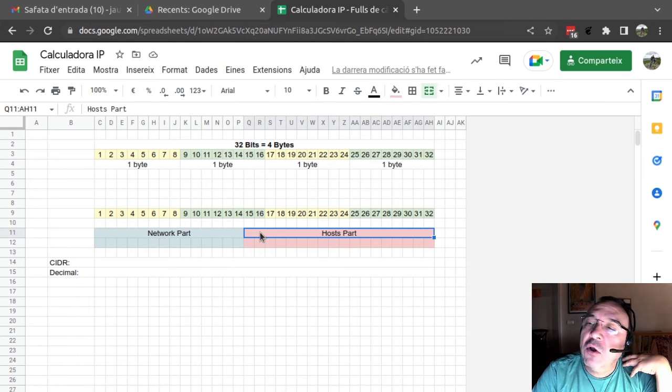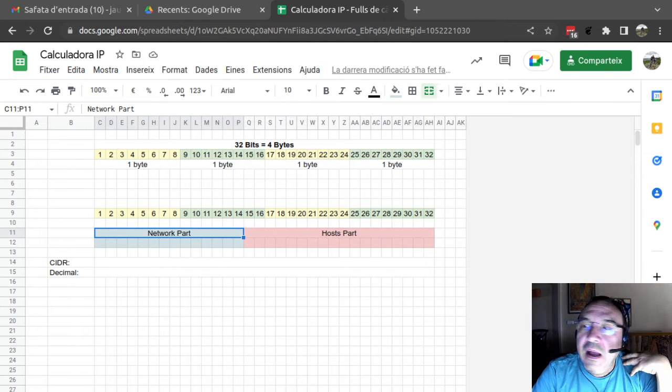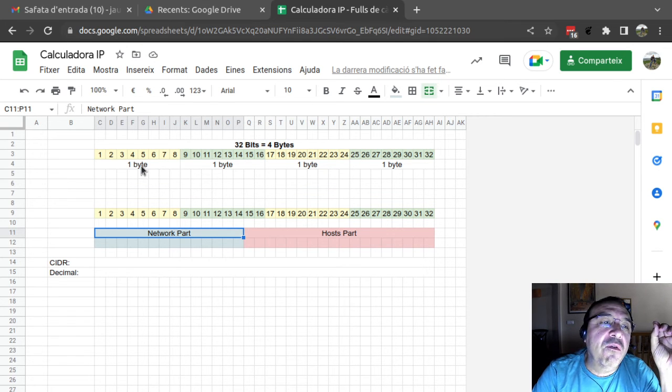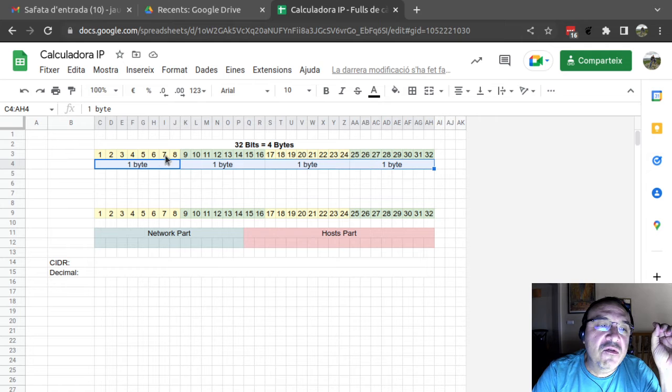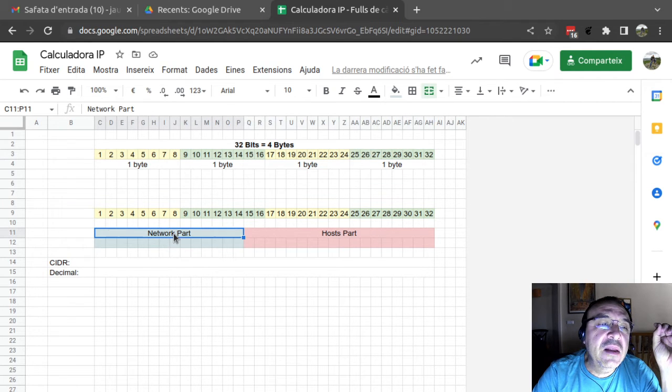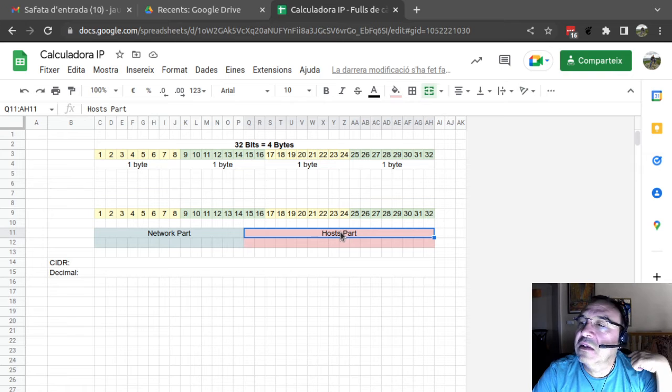Whereas all the computers in a network should have different bits in the host part because they should have different IP addresses. So those 4 numbers have two different meanings. One part of those 4 bytes, one part of those 32 bits is for the network part and the other is for the host part.